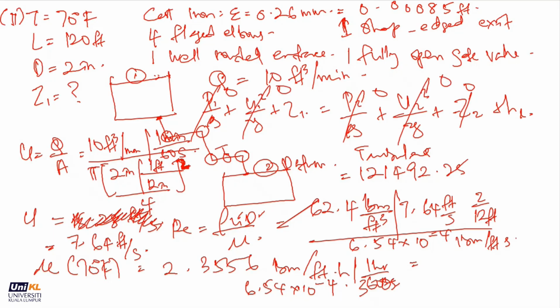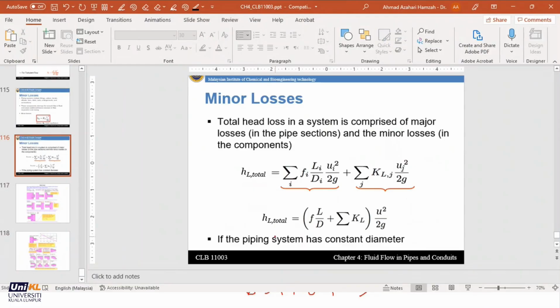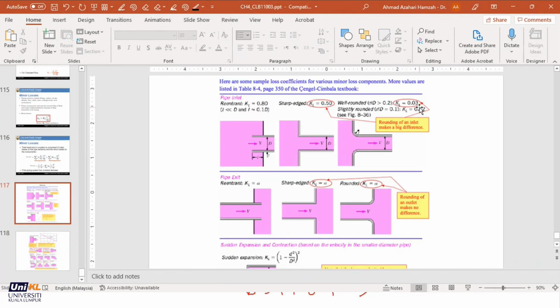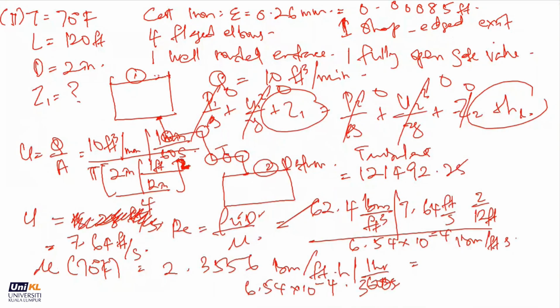So Z1 equals HL. HL total equals F L over D plus total KL, times U square over 2G. Okay, so one KL 0.03, the well rounded one is 0.03.